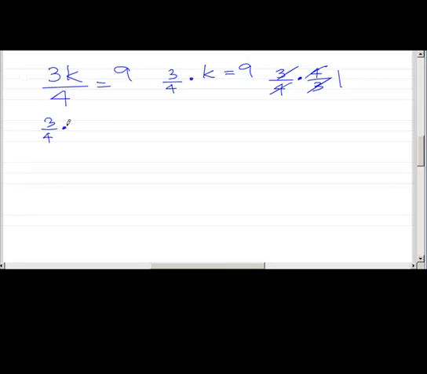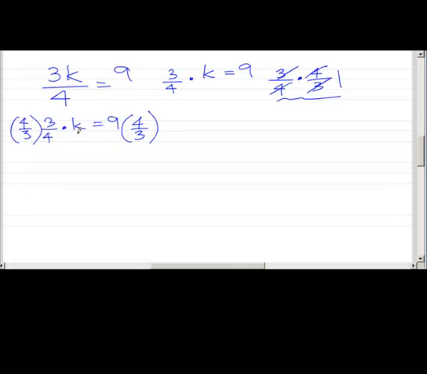I have a fraction here, and I can use this idea to multiply by a reciprocal. As long as I multiply here by a reciprocal, then we can easily cancel this out and continue.